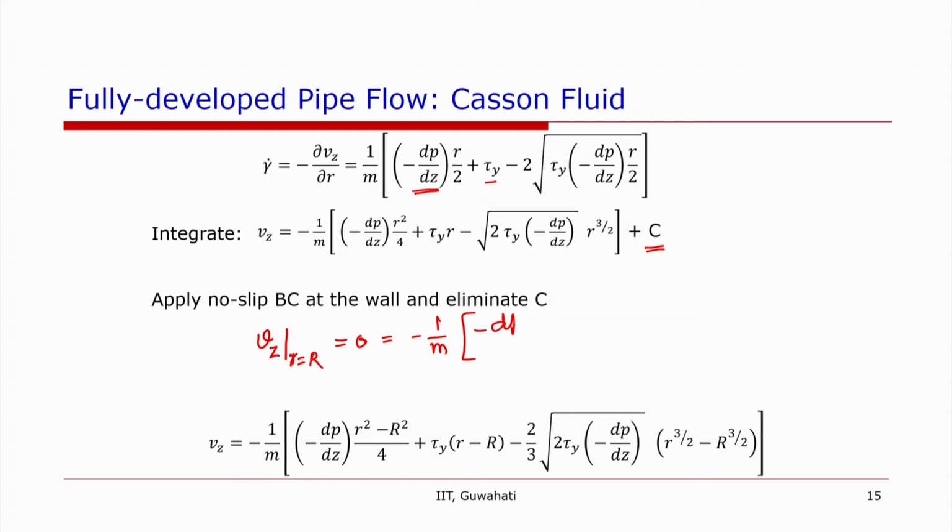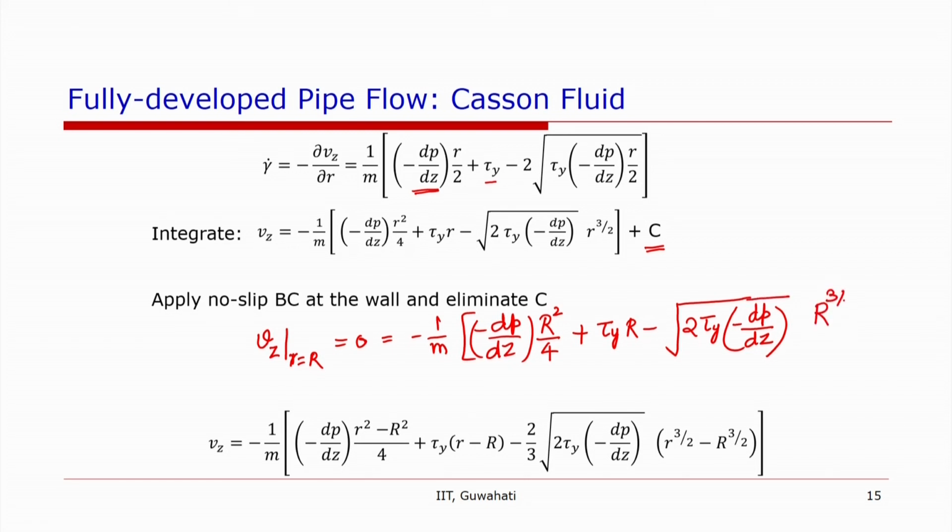So minus dp by dz capital R square by 4 plus tau y capital R minus root of 2 tau y minus dp by dz capital R to the power 3 by 2 plus integral constant.